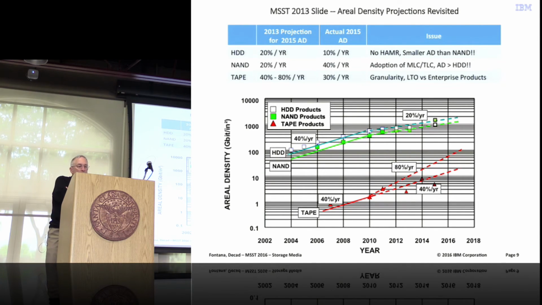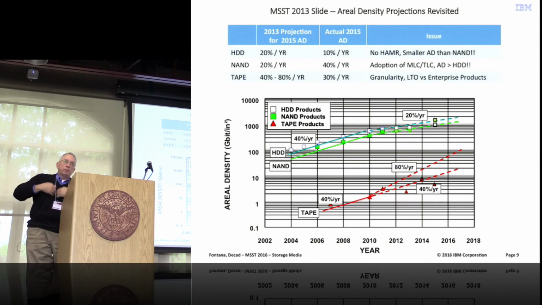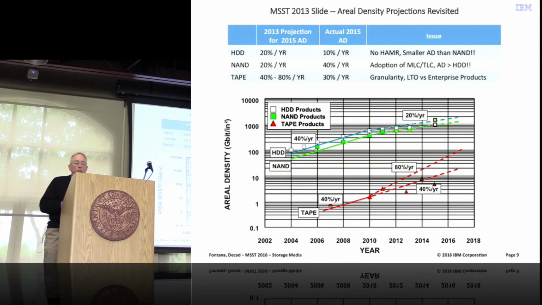Let's concentrate on NAND first. NAND was projected at 20% a year based simply on lithography improving. The reality was there was a strong embrace of what we would call 2-bit and 3-bit per cell, coupled with the fact that the industry convinced users to accommodate lower endurance or read-write cycling.